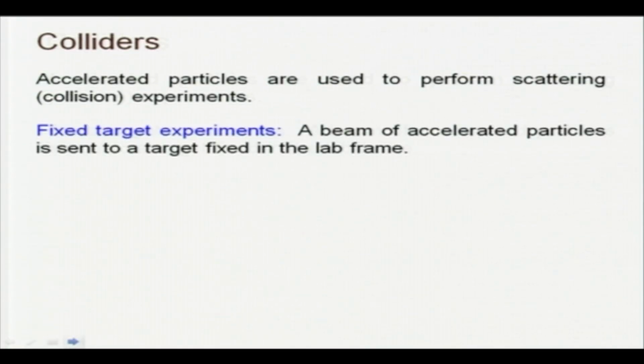When we come to scattering experiments, there are two basic types. One is called the fixed target experiment. As the name suggests, this is very similar to Rutherford's experiment, where the target particle is fixed in the frame of the lab. You keep it there on the table or somewhere, and then generate the accelerated charged particle, like the alpha particle, collimate it, and make it fall on this target.